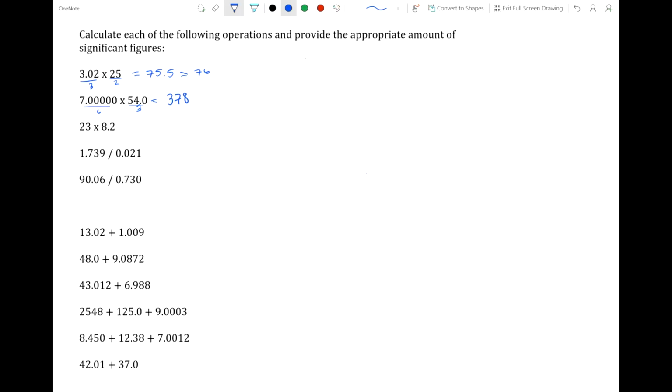So the next calculation, we have 23 and 8.2. Each of those has 2 significant figures, so our answer should have 2 significant figures as well. So 23 times 8.2 equals 188.6. You have to round that to 2 significant figures, and this is where you would need scientific notation.